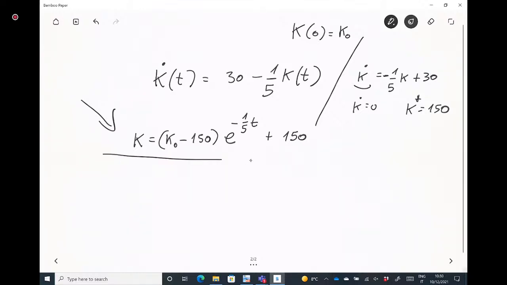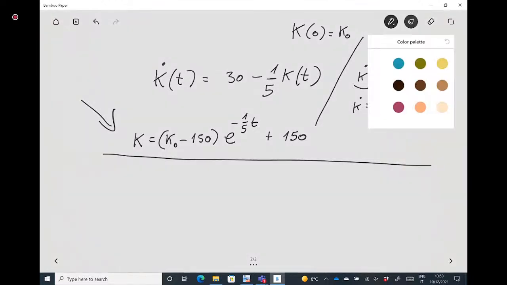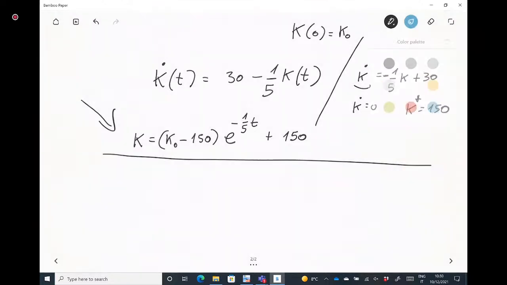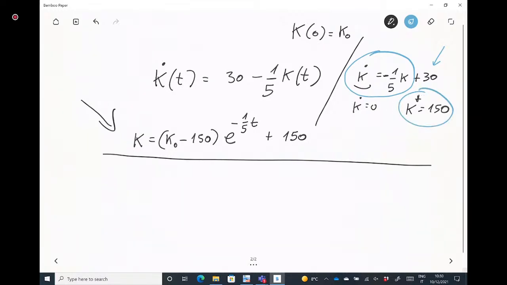If you don't remember the formula, remember that these problems can always be solved with the so-called superposition principle. So first we can solve the associated homogeneous equation and then add a particular solution. The particular solution will be the steady state solution, okay?